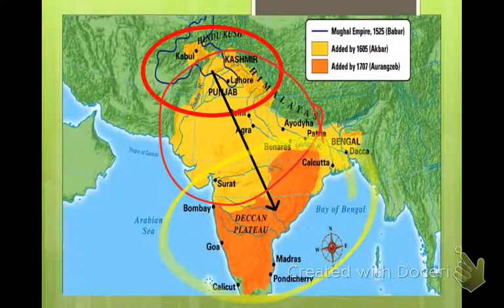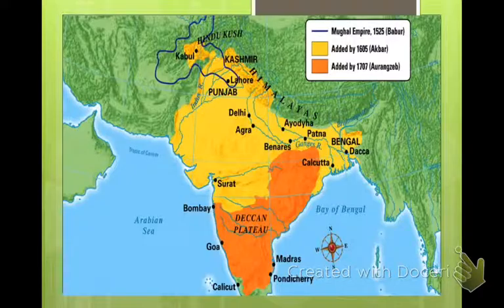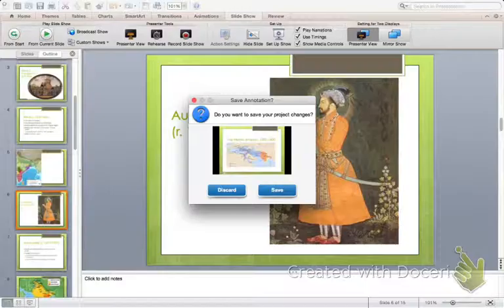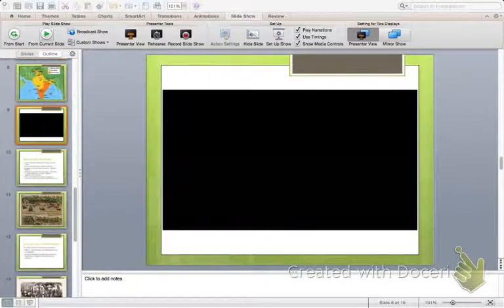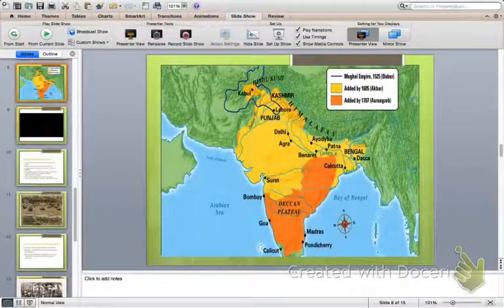Most of the subcontinent is ruled by the Mughals. Let us go through and see a different part of this, and hear different words on these individuals and the rise of the Mughal Empire.